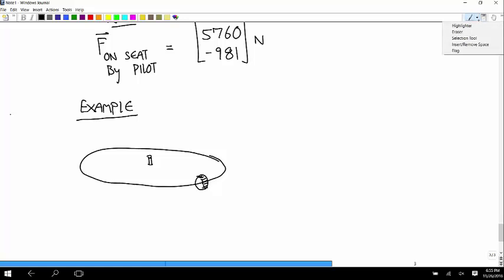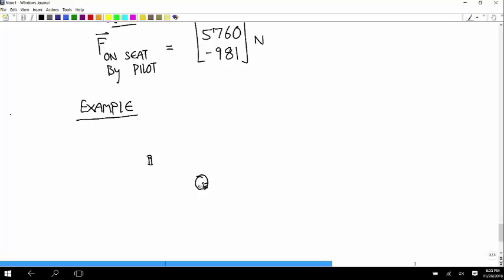So this ball is connected to a cable, and it's traveling in a circular path around a little post.